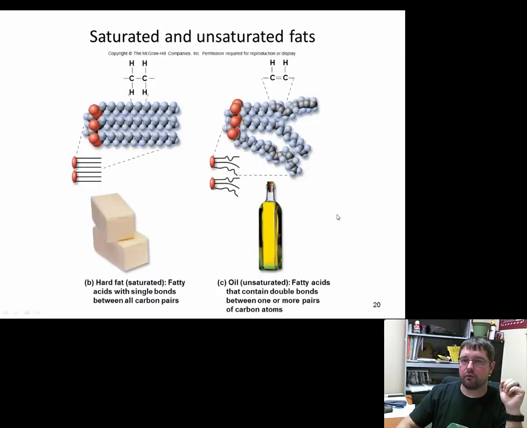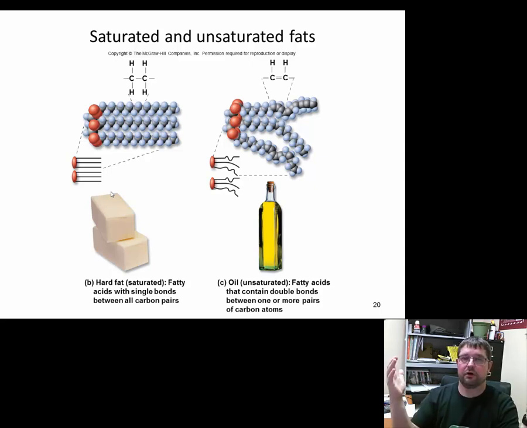Now, whether they are considered saturated or unsaturated really comes in the form of the tail, so the head or the backbone, the glycerol, doesn't really change. It's these tails. A saturated fat is a molecule that has the most hydrogen bonds possible.